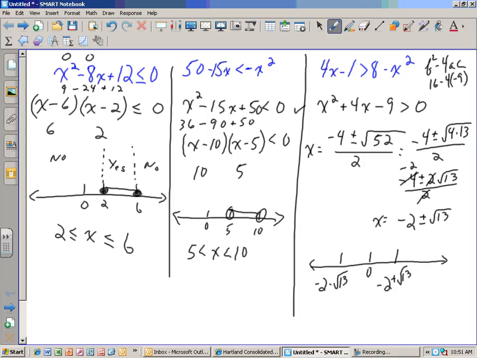If you look at the original equation up here, I'm going to have open circles. And let's plug in a number here. What's the easiest number to plug in for x? 0. So my first term will give me 0. Plus 4 times 0 is 0. I'm left with negative 9. Is that greater than 0?